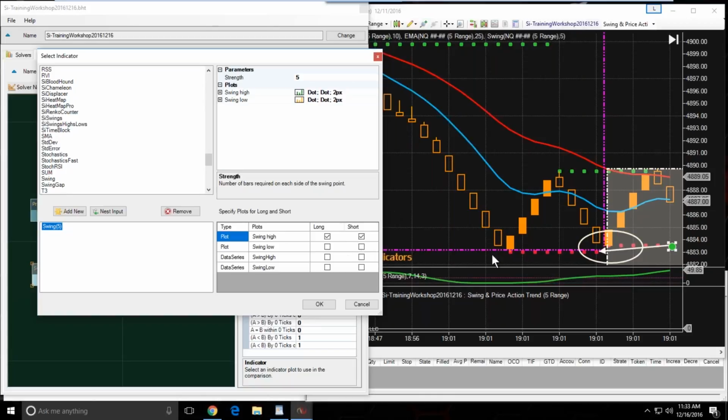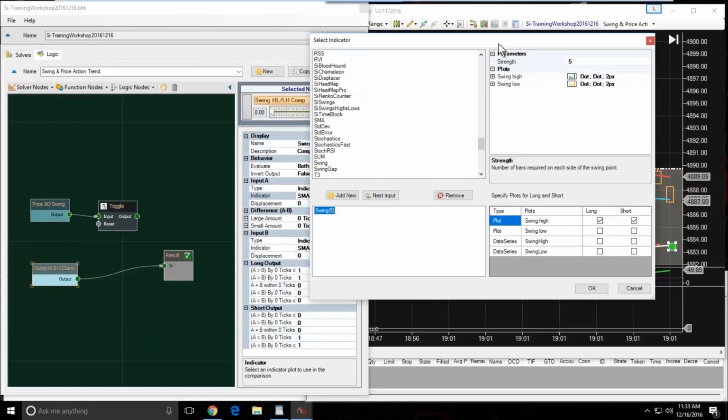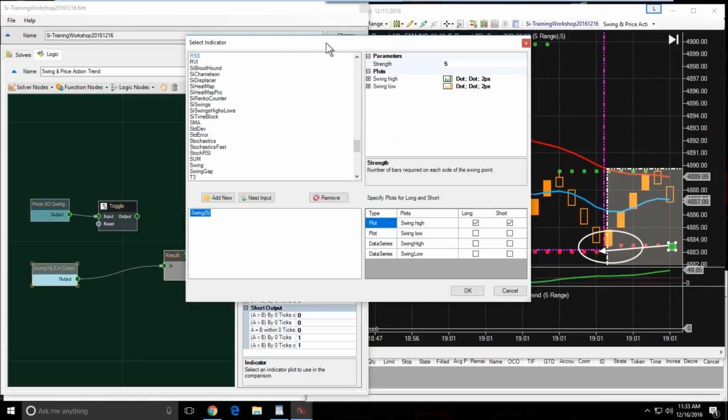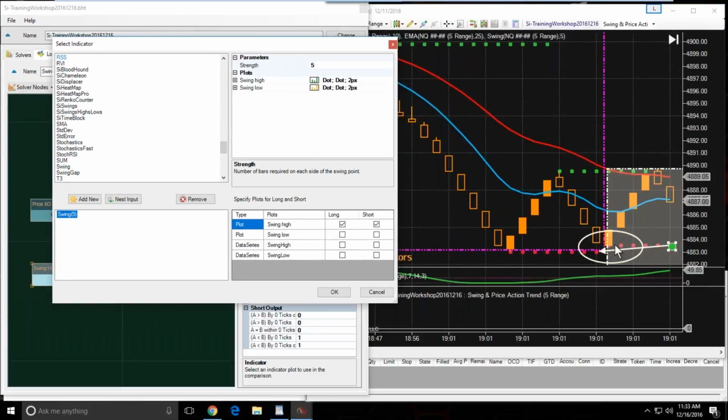And the reason why is because if an indicator plot steps up, the solvers kind of default to looking for that condition. So the default settings for a solver's output is it looks for an indicator plot to step up to generate a long signal. Right? So when the swing low steps higher, moves higher, the solver outputs are defaulted to look for that condition to generate a long output.